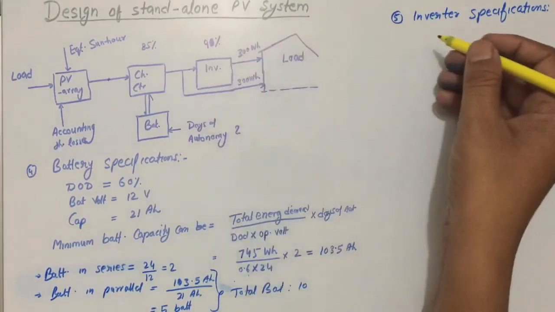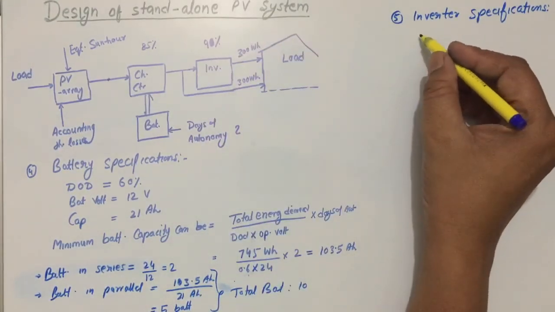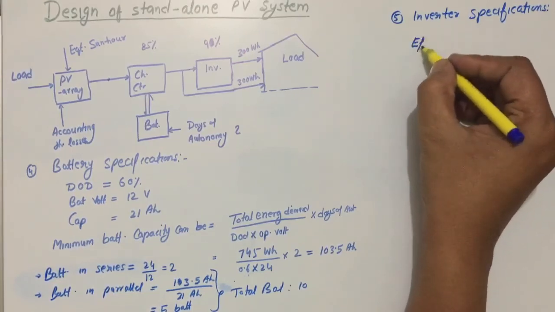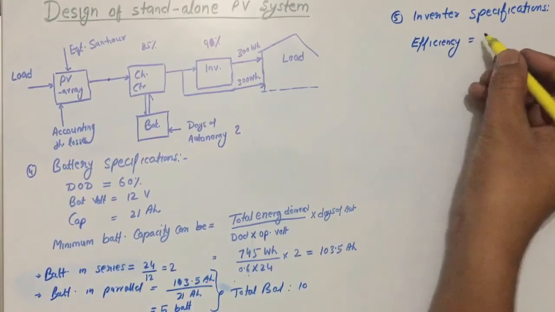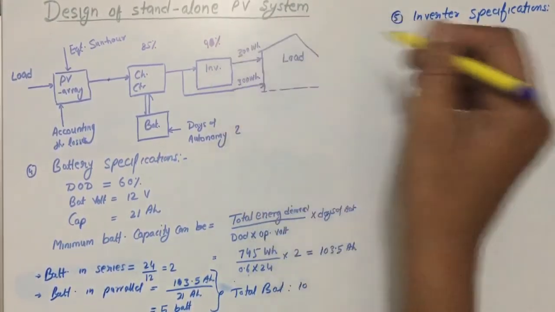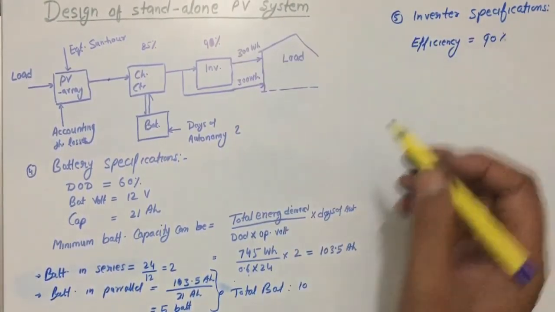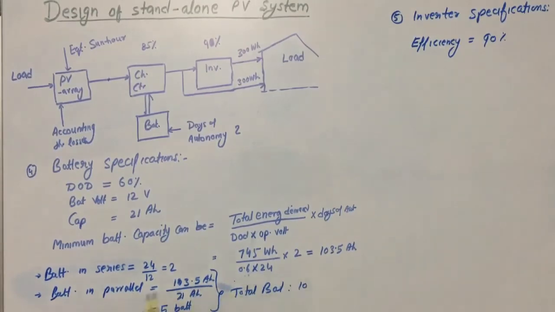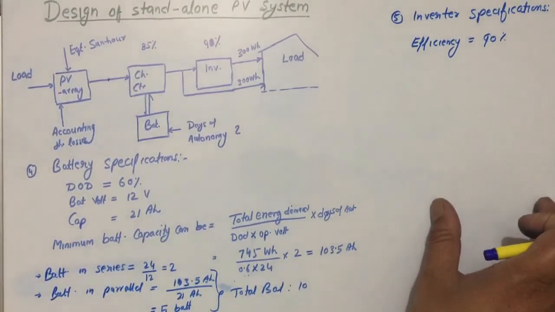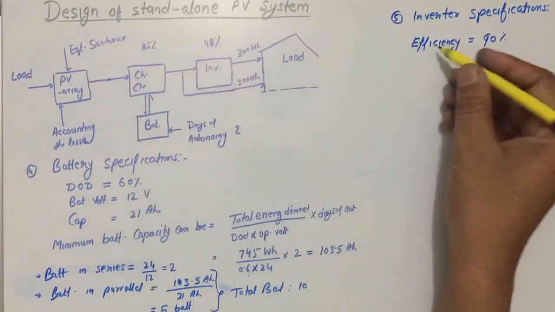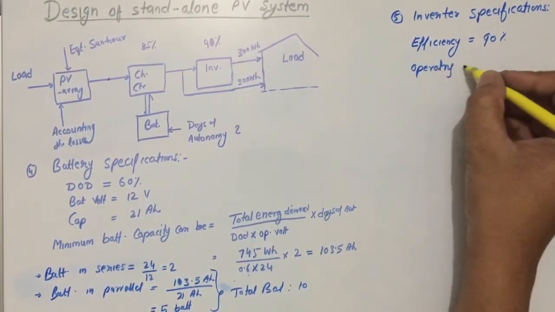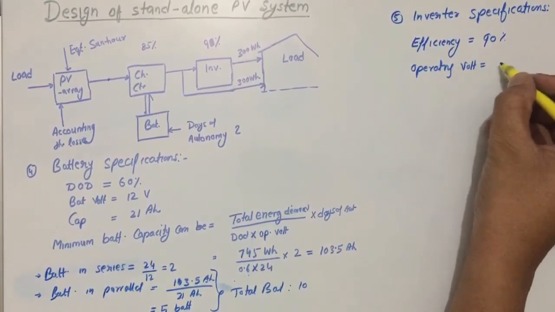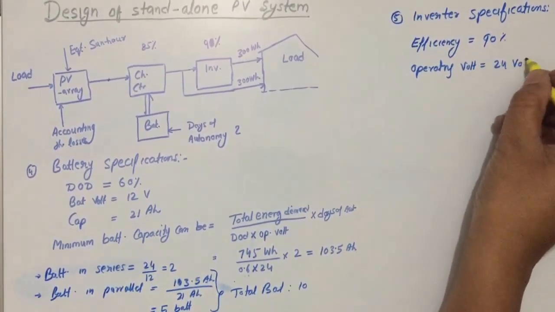So the efficiency of the inverter is already defined. Efficiency should be 90%, that we have already decided, and the operating voltage, that was from the charge controller, is 24 volt.